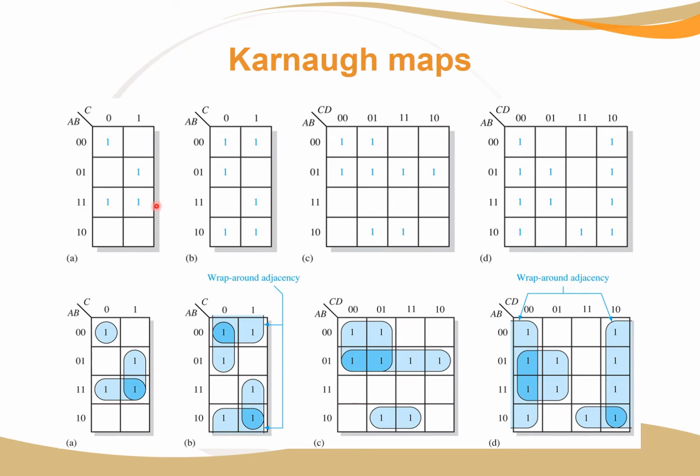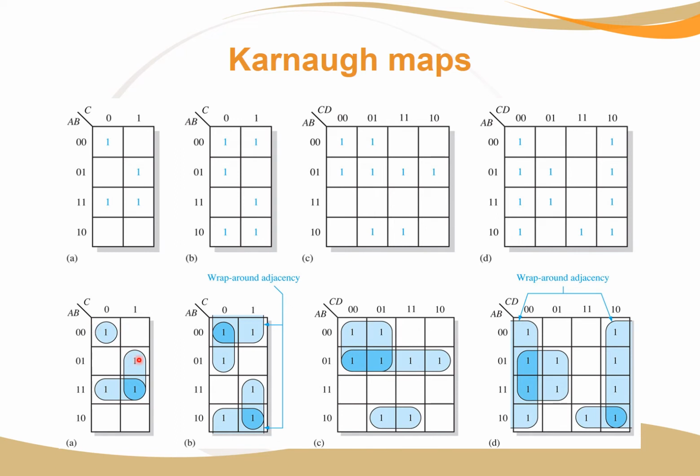But these we can group as 2, and then another group of 2, because we can't group them all together as they're only 3. And then we can include a 1 of another group as long as they have a non-common 1. So there is a non-common 1 not in that group.